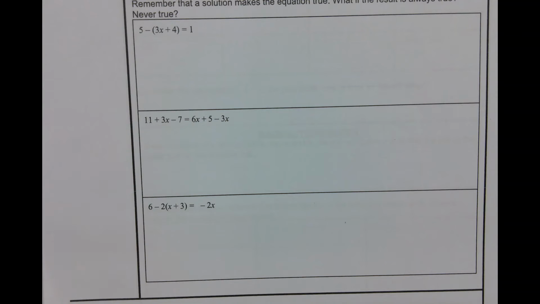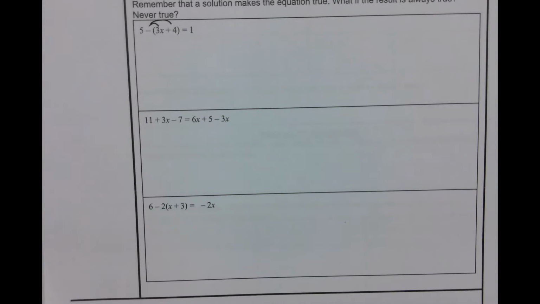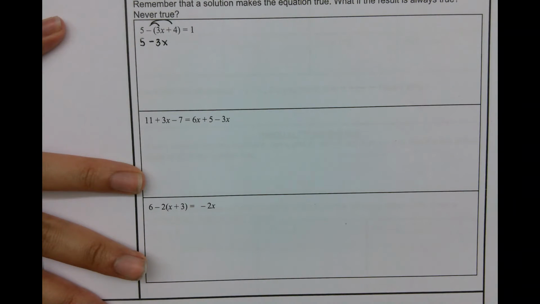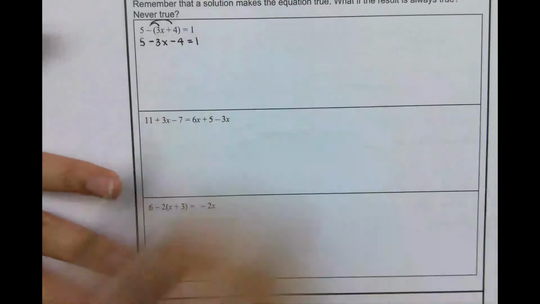The first thing we're going to do is simplify by distributing and combining like terms. Here I'm going to distribute this negative, which is technically a negative 1. So I have 5, negative 1 times 3x gives me a negative 3x, and a negative 1 times 4 gives me a negative 4, equals 1.